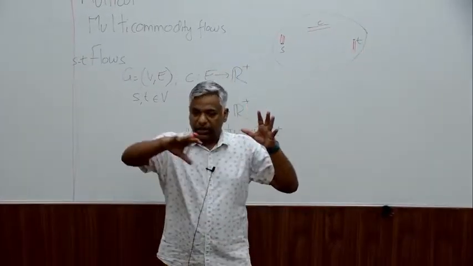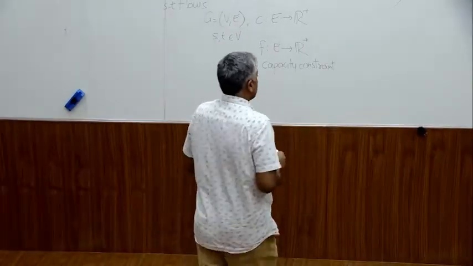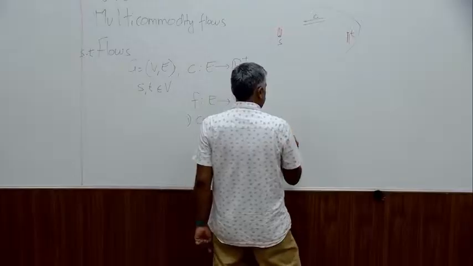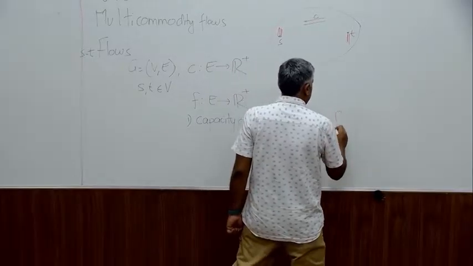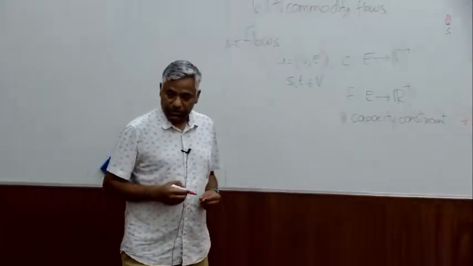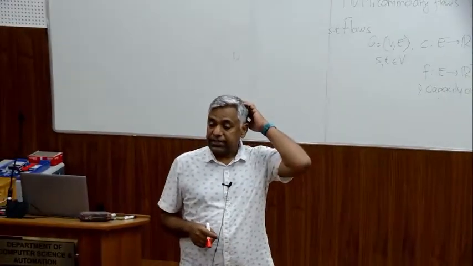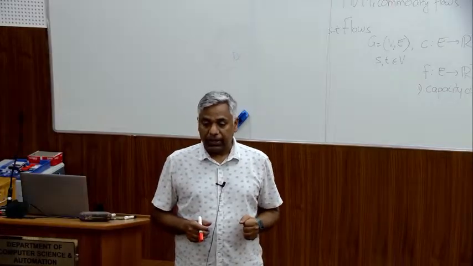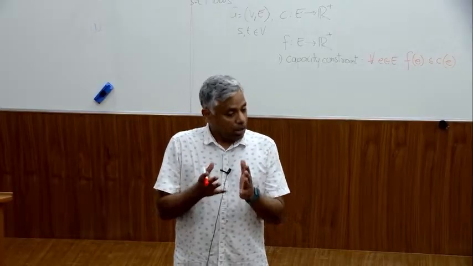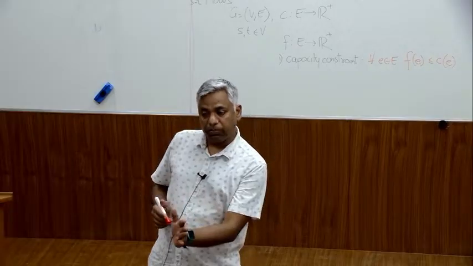So you're thinking of flow as continuous in time, and that's why we are thinking of it as a function like this. The capacity constraint says that for all edges in this graph, f of e is at most c of e. The flow on the edge is at most the capacity of the edge. So you can think of it as a network of pipes. You can also think of it as a road network. Then what do you think capacity should represent? The number of vehicles it can accommodate, let's say per unit time. If it's a wide road, then the number of vehicles that can go across that point in time is much larger.